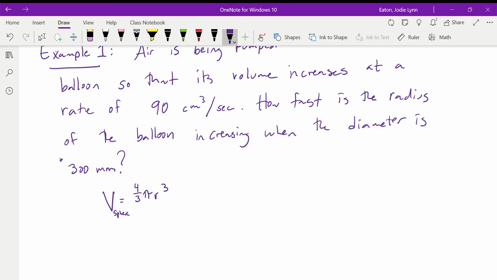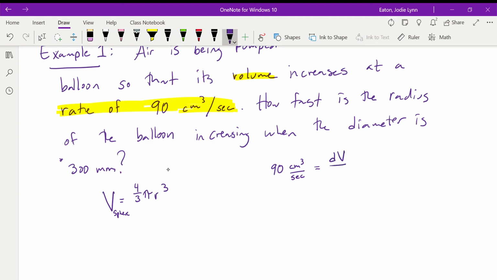Okay, now we're going to try to list out our knowns. The volume increases at a rate of 90 centimeters cubed per second. Whenever we have a rate, this is going to be d something dt. 90 centimeters cubed per second is equal to, and what is the thing that is changing? The volume.